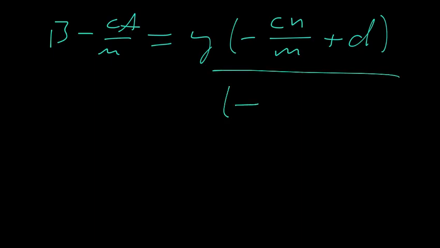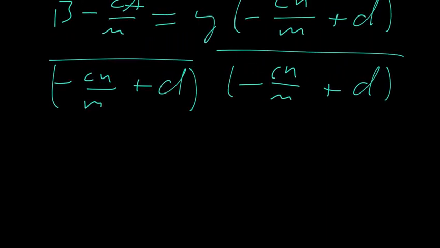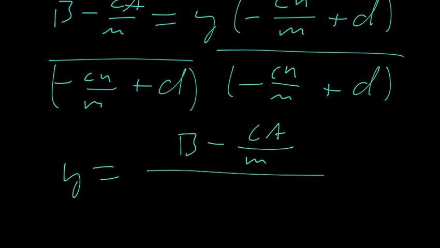So in this case we're going to divide by negative cn over m plus d on both sides. And so then we'll be left with y equals b minus ca over m, all over negative cn over m plus d.